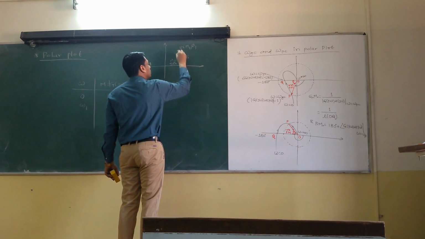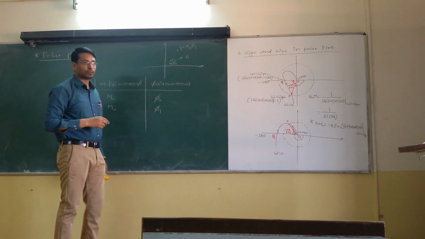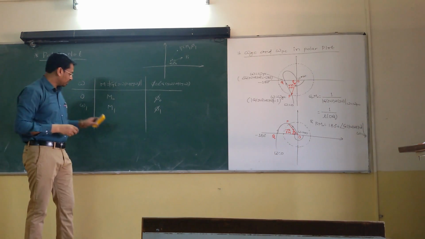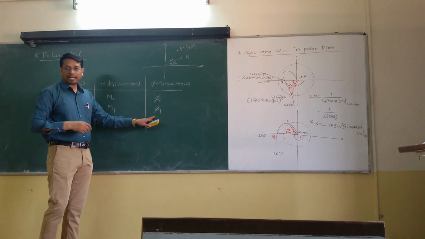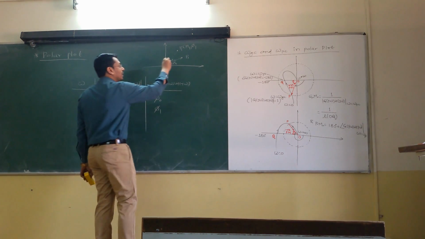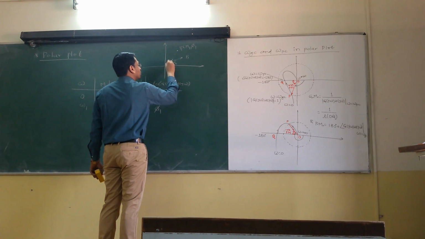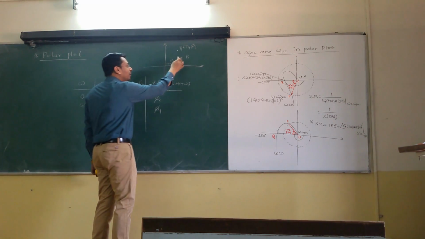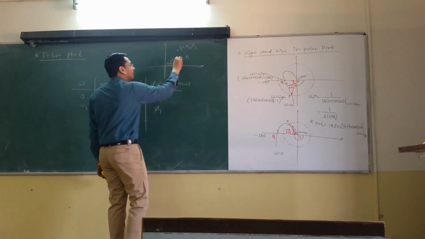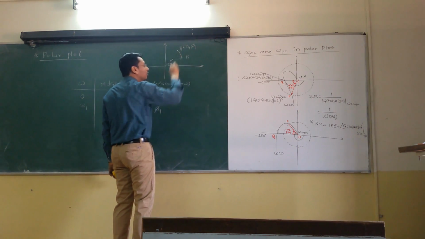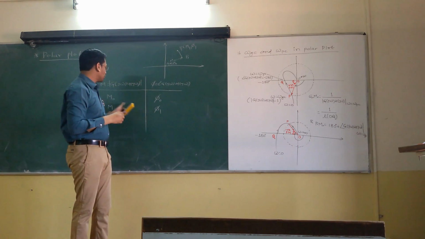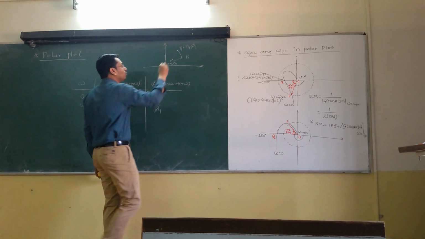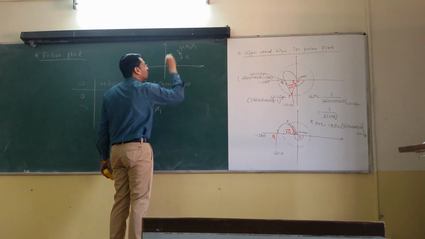So this is a unique point, and you can represent this point like this. This is your phi 1. So we get another point. If you connect these points, you will get a certain direction, because you have started moving from omega equal to 0 to omega equal to omega 1.